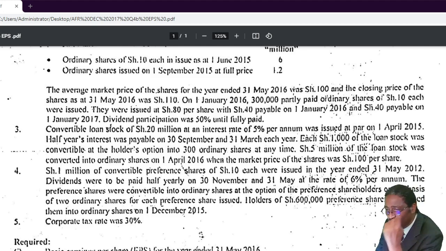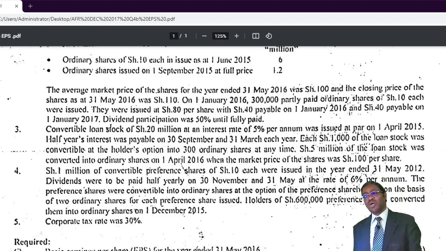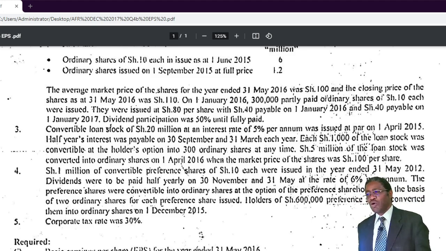On 1st January 2016, 300,000 partly paid shares of shillings 10 each were issued. They were issued at 80 shillings per share, with 40 shillings payable on 1st January 2016 and the 40 shillings payable on 1st January 2017. Dividend participation was 50% until fully paid.